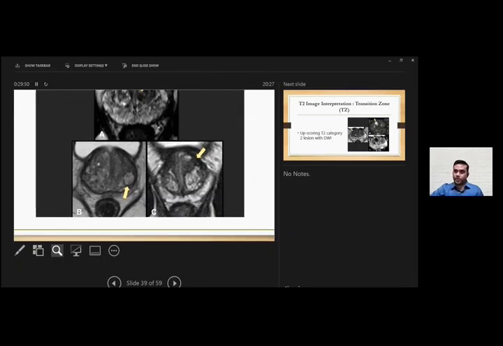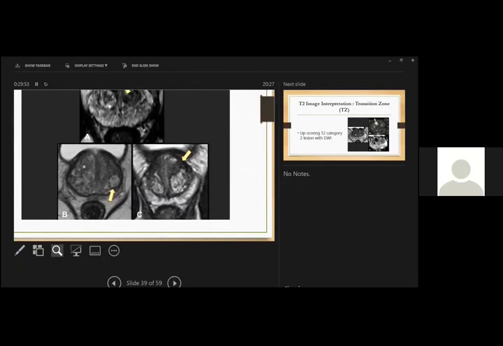This is also an atypical nodule. Also, areas between the nodules: in this case, if this is one nodule and this is another nodule, there is some hypointense area which is wedge shaped between them. This is also characterized as 2.